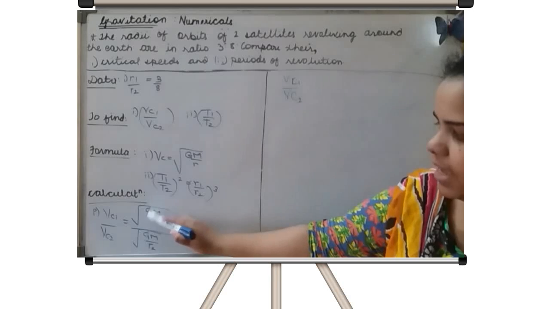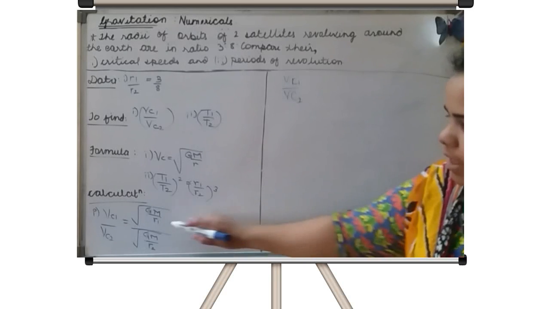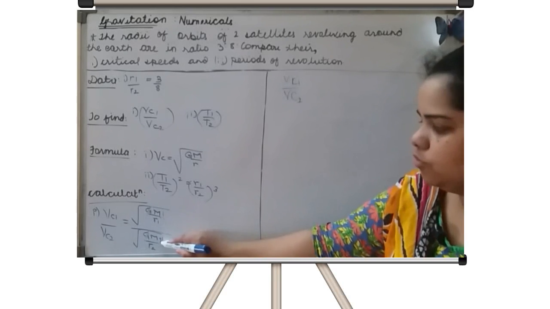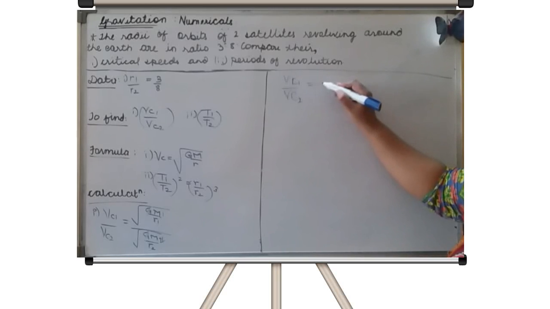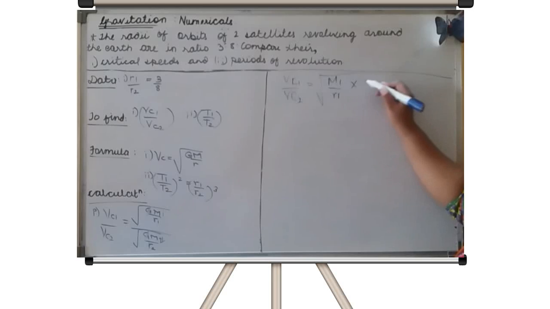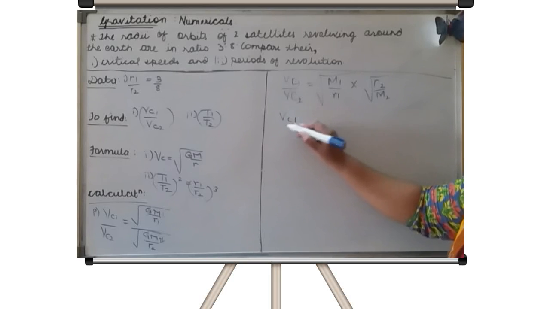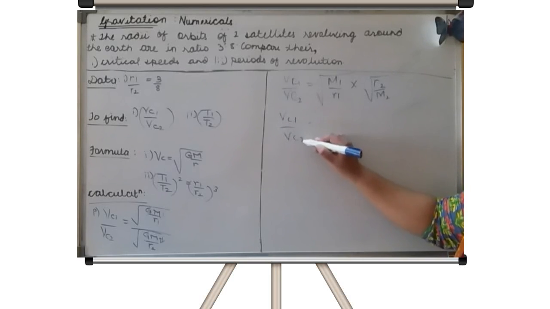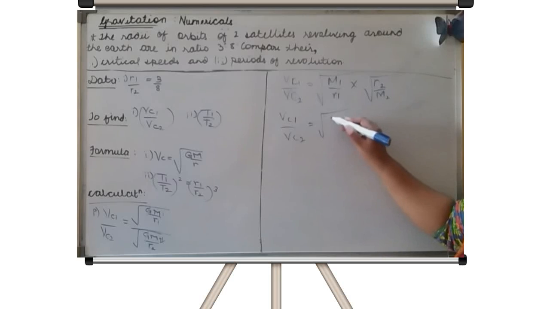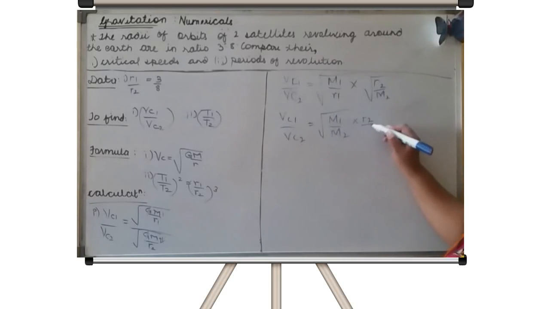G and G get cancelled. M1, M2, this is M1, M2. So this is under root of M1 upon R1 into under root of R2 upon M2, reciprocal. So Vc1 upon Vc2 is equal to under root of M1 upon M2 into R2 upon R1.